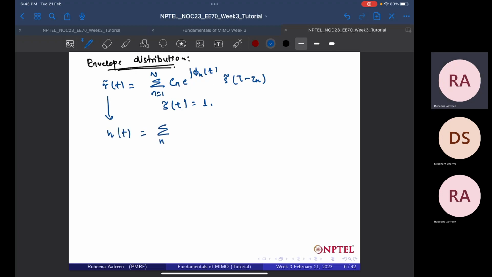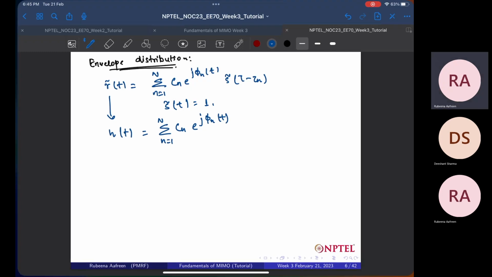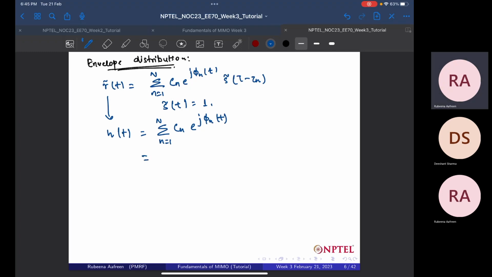So h(t) we have as summation n equal to 1 to N c_n e to the power j phi_n. We expand this, and then we can write it as summation over n equal to 1 to N c_n cos of phi_n(t) plus summation n equal to 1 to N c_n sin of phi_n(t). This we can write as in phase term plus j times quadrature term.